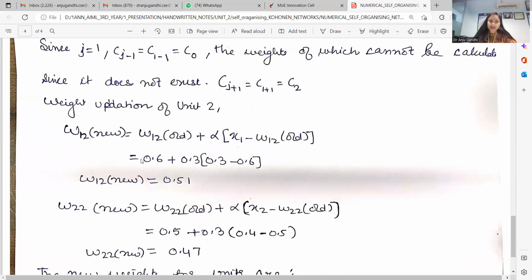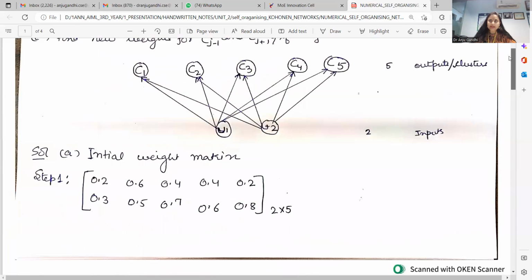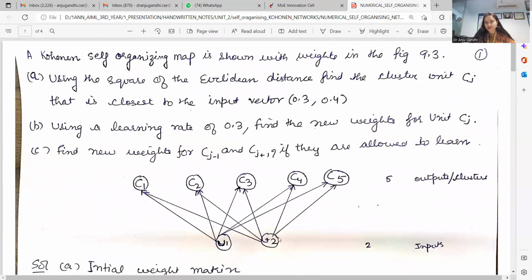So for the second cluster, 0.51 will be the first weight, and 0.47 will be the second weight, right? So the updated weight matrix will be this, this is for cluster 1 and this is for cluster 2. And the rest we have not yet touched because it's not being asked in the numerical, right? So this is one of the very important numericals. How we have to do it is this, right?